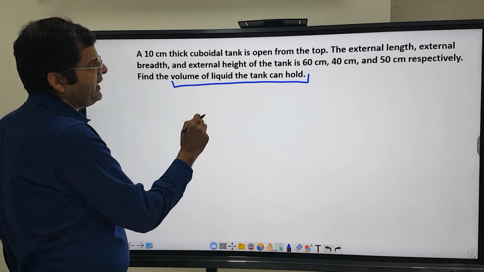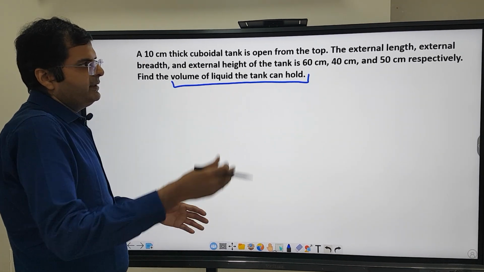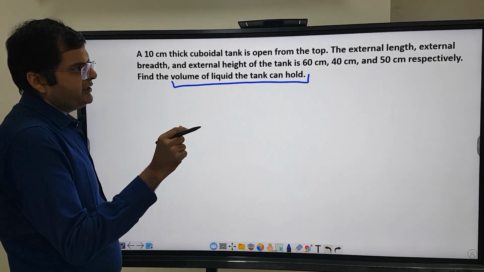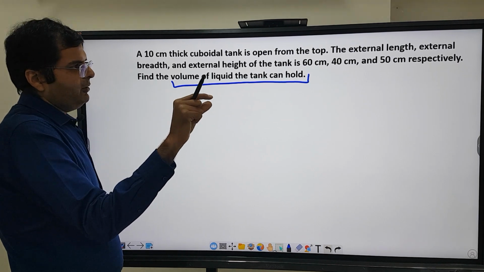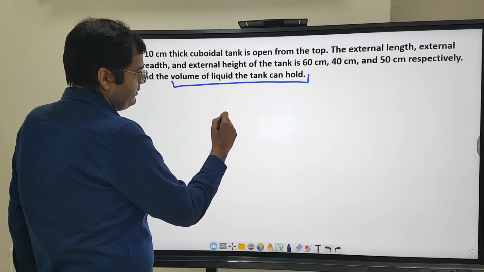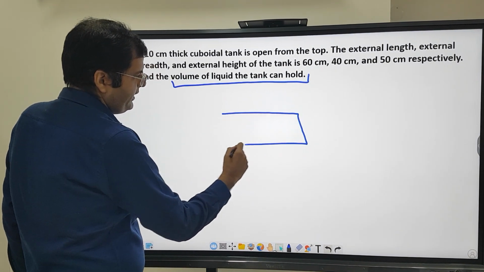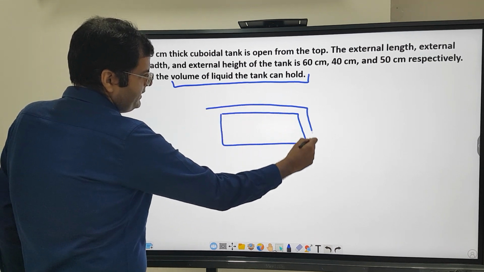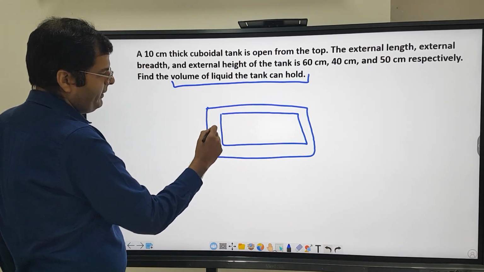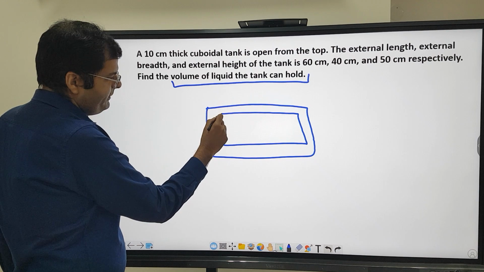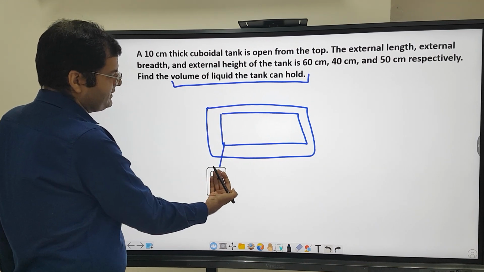Now this tank is open from the top. That means the thickness that you see will not be present at the top. If you look at it from the top, the tank is like this. It is open from the top, but it will be thick at all other places.